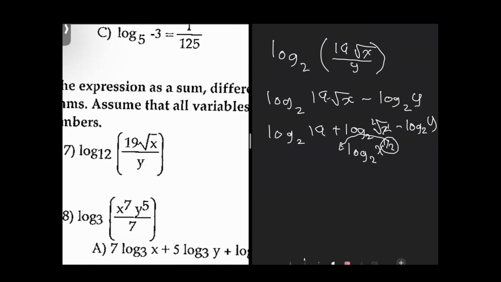So altogether, we'll have log base 2 of 19 plus 1/2 log base 2 of x minus log base 2 of y.